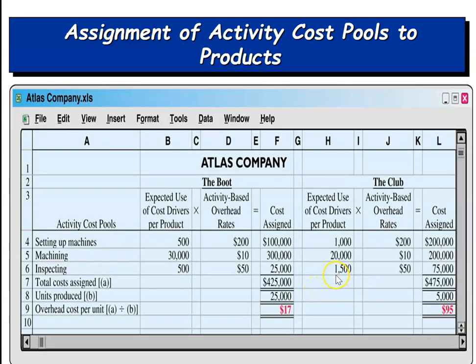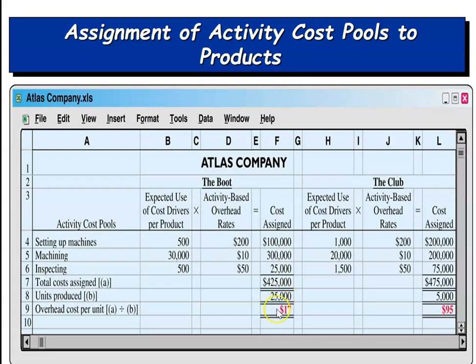We've got a little breakdown here as to how we would apply these costs, and we say that, okay, based on our overhead allocation, we have $425,000 going to the boot and $475,000 to the club. Now that's not too terribly different than what we had before, perhaps, except, well, yes, it is, because before we were basing it strictly on volume. But notice, we're going to take the units produced, which is 25,000 for the boot and only 5,000 for the club, and we're going to divide this out.